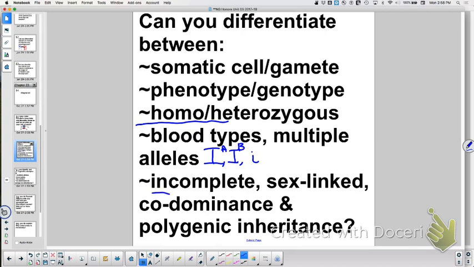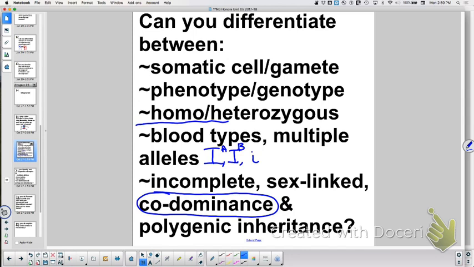And that's what leads to codominance. Because if you have big I A, big I B, then both the A allele is expressed and the B allele is expressed. That is codominance. Both traits are expressed.